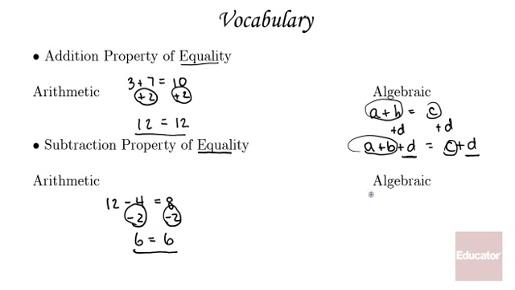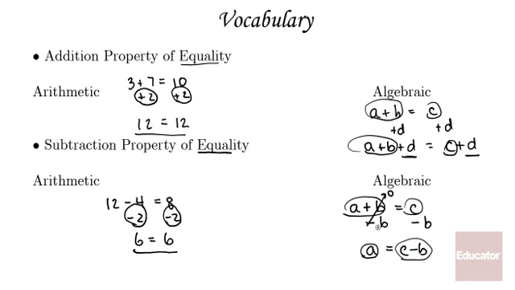An algebraic representation could be A plus B equals C. If I subtract B from both sides, B minus B cancels, becomes 0, and now I just have A, and over here I have C minus B. So in the original, when A plus B was C, now A alone becomes C minus B. So I've taken away the B, and the A is by itself.